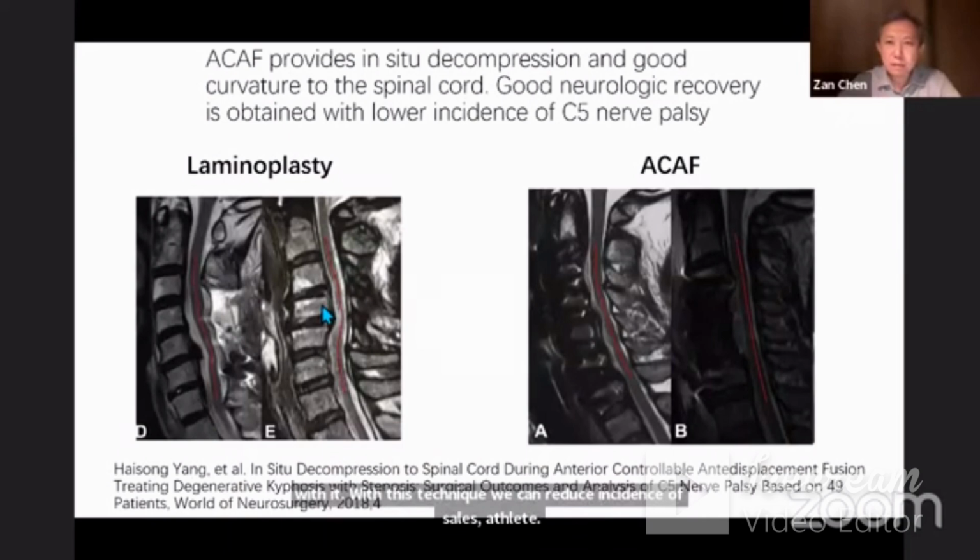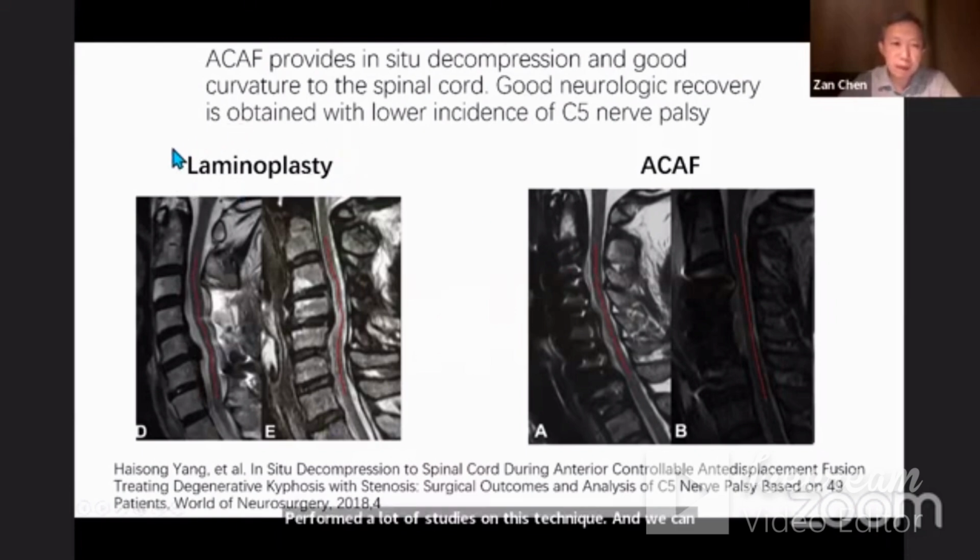And in China, we have performed a lot of studies on this technique. If we perform a laminoplasty, the spinal cord has to shift backward, away from the anterior compression, so the spinal cord will change its normal shape.